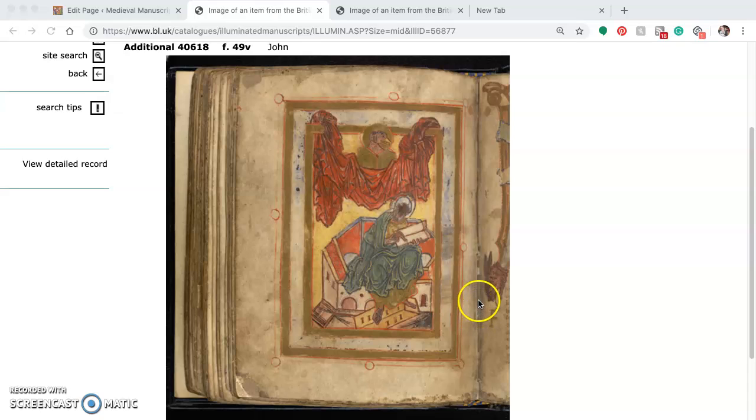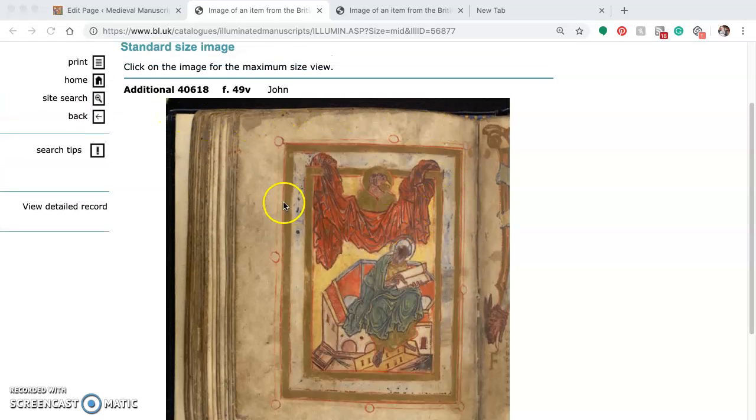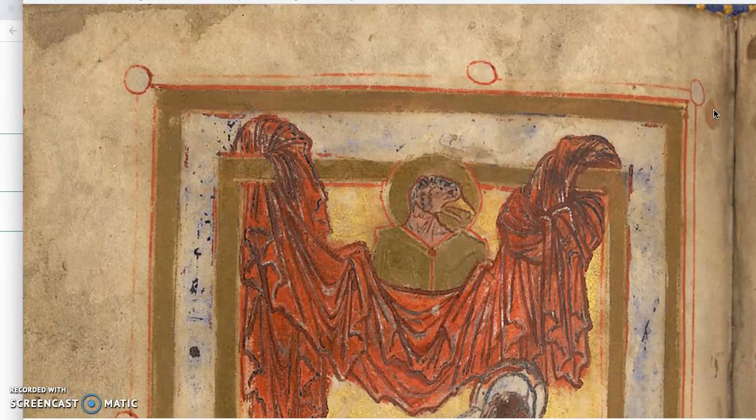So, this particular book is, as a gospel book, purely about stories told from the apostles about the life of Christ. The tales that were written by Matthew, Mark, Luke, and John. And so we didn't see those full Bibles until several hundred years later, towards the later Middle Ages. If we take a look specifically at this page, we're going to be able to see some of the Insular and Carolingian influences on this particular page.